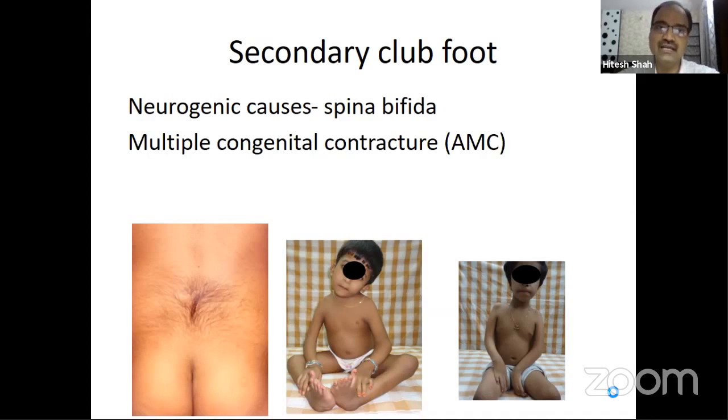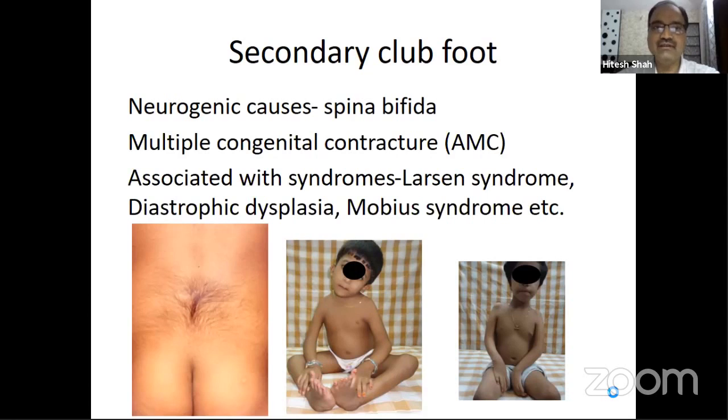If one of the secondary causes like spina bifida or arthrogryposis multiplex congenita is there, the result of manipulation would be different from idiopathic clubfoot. So it is better to identify this before beginning treatment.